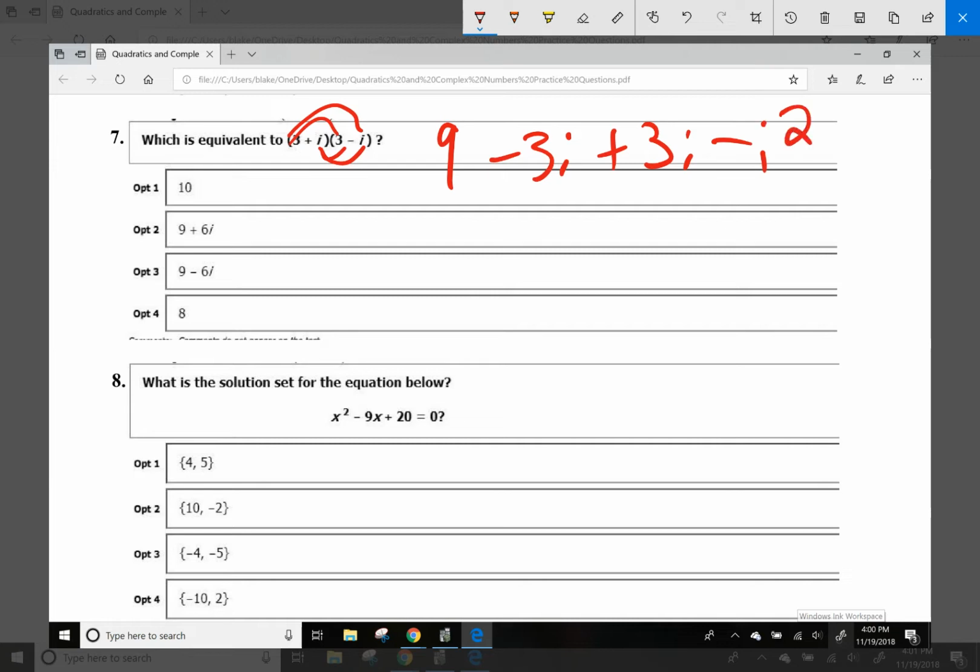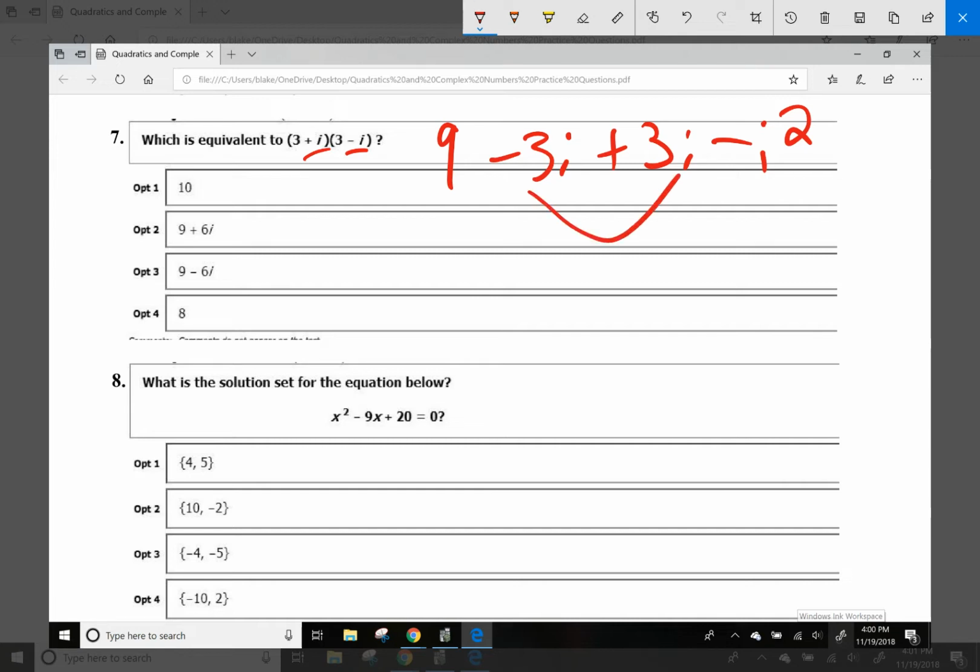So a lot of times people think, oh, those cancel out. They would cancel out if you were adding them, but you're not adding the i's here. You're multiplying those. So it's like 1 times negative 1 is still negative 1, but the i and the i together make an i squared. So negative 1 or negative i squared.